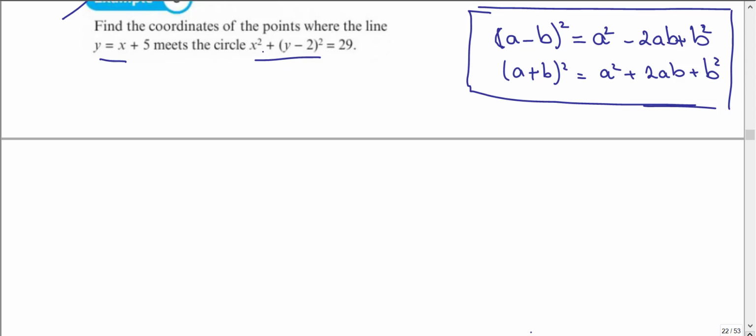How? Very simple. Write the circle, x squared, but instead of y, replace y with what? With x plus 5. Yani you will substitute. So I'm going to replace this y with the line. So it's x plus 5 minus 2, all power 2, equal 29. Now simplify and expand the bracket. x squared plus 5 minus 2 is 3.